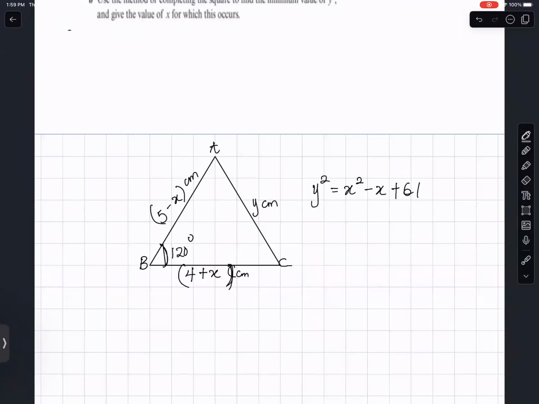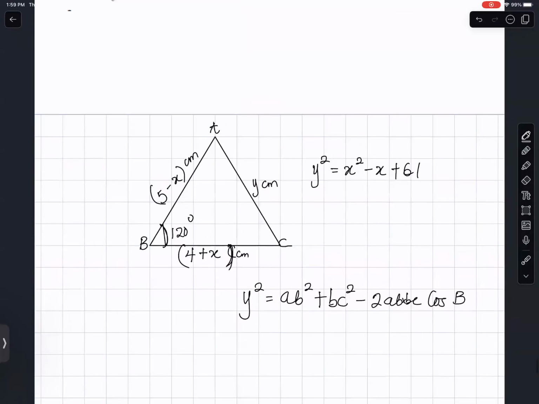So I have y squared using our cosine formula. y squared equals AB squared plus BC squared minus 2 times AB times BC times cos of angle B. So what do we have?